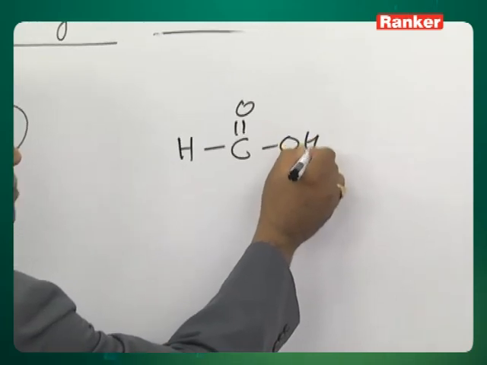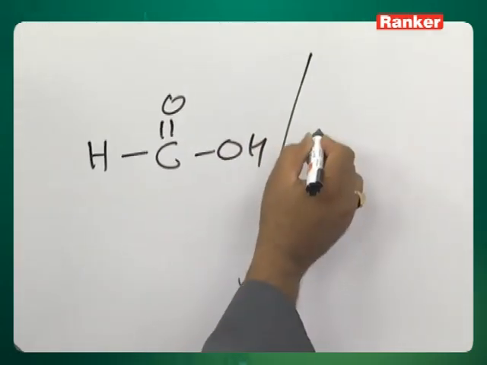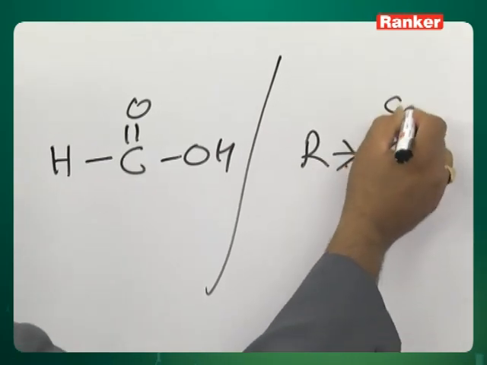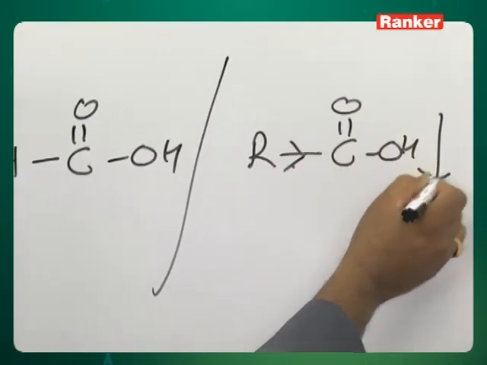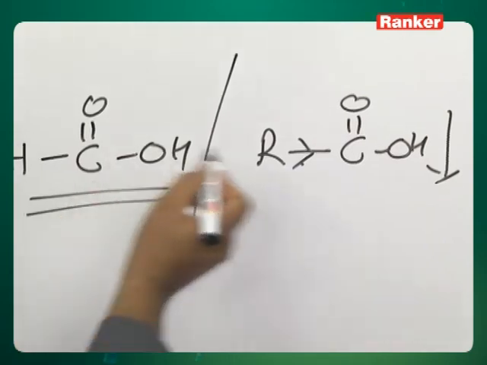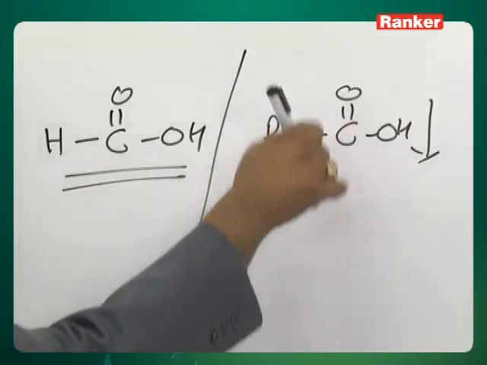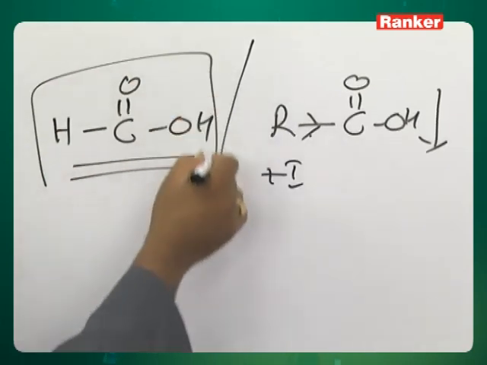Formic acid, when compared with all the acids which have donating groups through plus I effect, must be the stronger one. They are all weak acids when compared with formic acid. All such acids in options A, B, D come under this category, where the plus I effect decreases the acidity. So formic acid will become the strong acid.